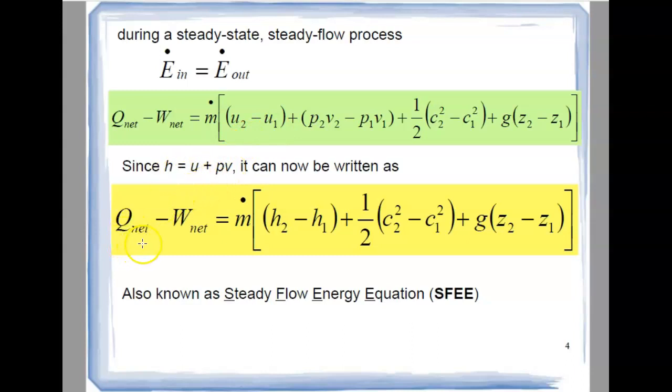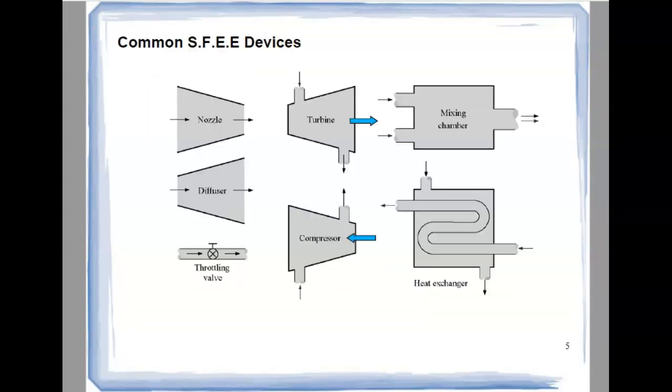Hence, you are going to have this kind of equation, and we call it the steady flow energy equation. From time to time, when we solve for open system, which consists of 5 devices, we will refer to your steady flow energy equation.